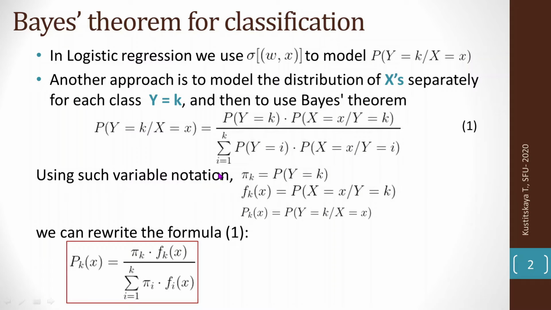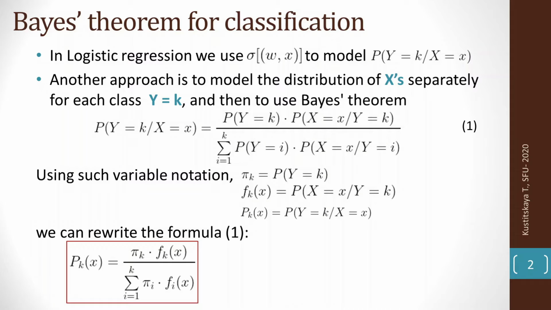Let's consider this formula. Here, in the numerator, we have different types of probabilities. P of Y equal to k is a prior probability that a randomly chosen observation comes from the kth class. This probability is the probability that large X is equal to small x if it lies in the kth class.